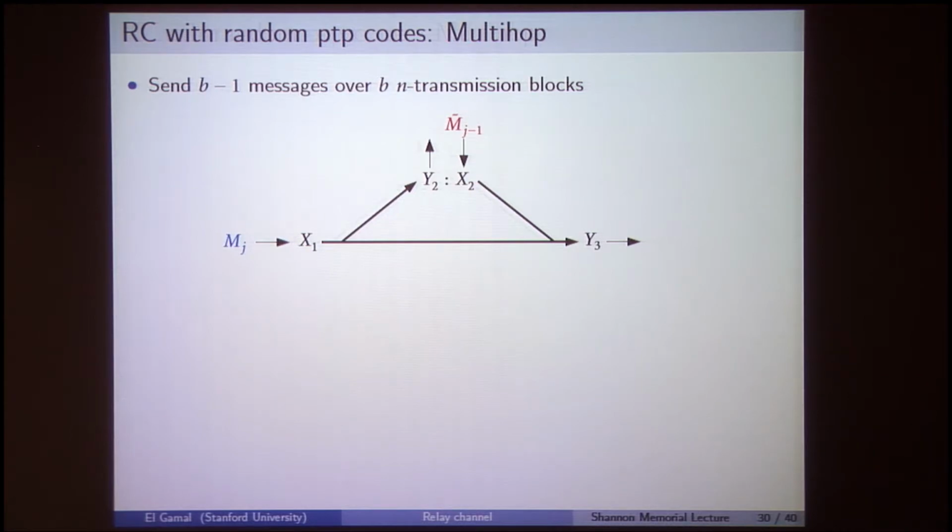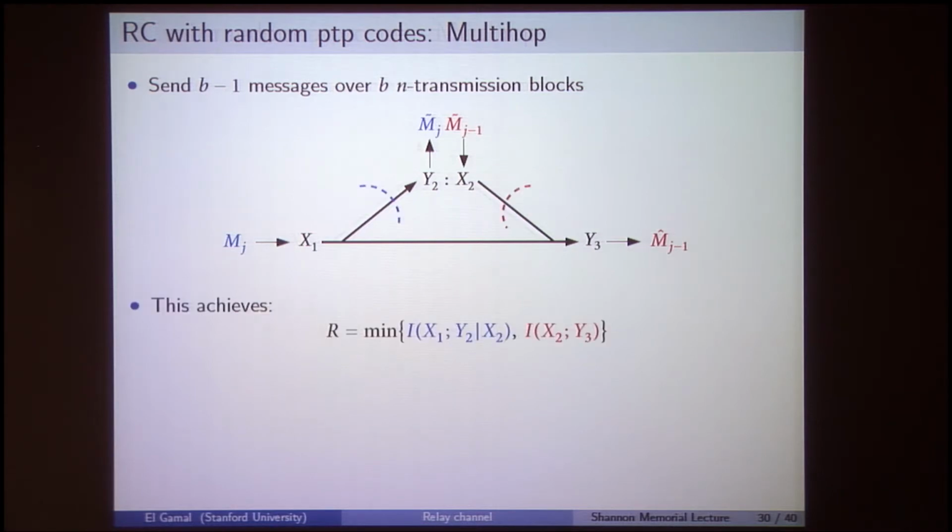And at the end of block j, the relay decodes the message sent in block j using joint typicality decoding, and the receiver decodes the previous message sent by the relay, considering the code word for the current message as noise. Even though it's interested in the message, it considers it as noise.